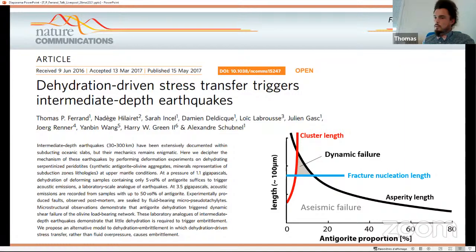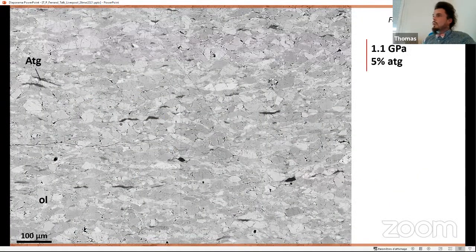And from this, many consequences arose. First, here there is a fault, a high-pressure fault. This is a sample formed at 1.1 GPa, with 5% Antigorite at the beginning. You see some remnants of Antigorite ghosts, and the fault is here.